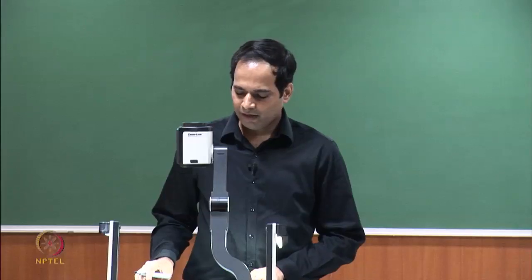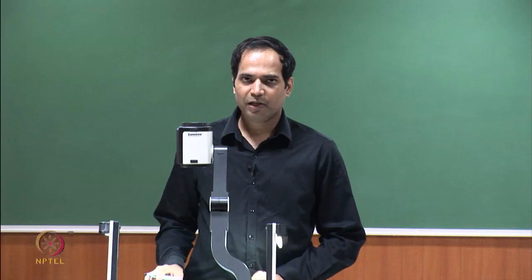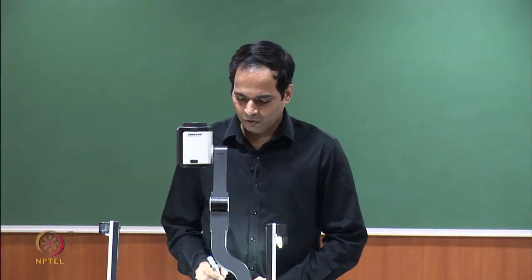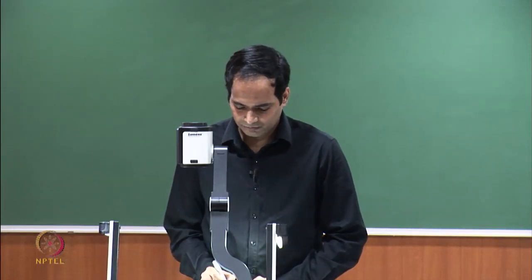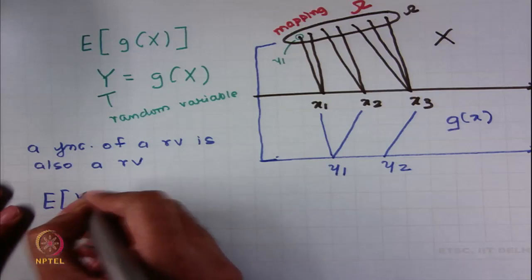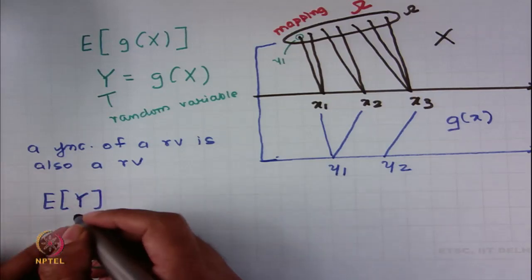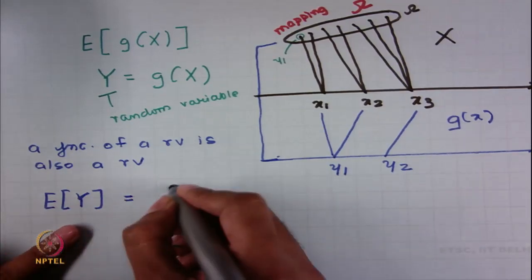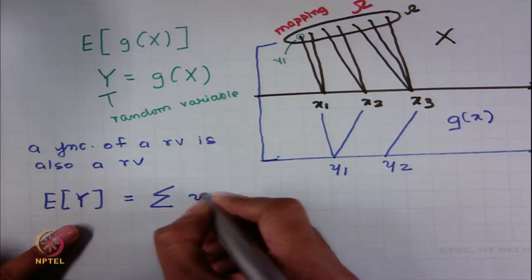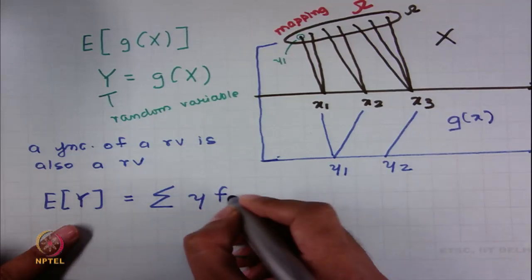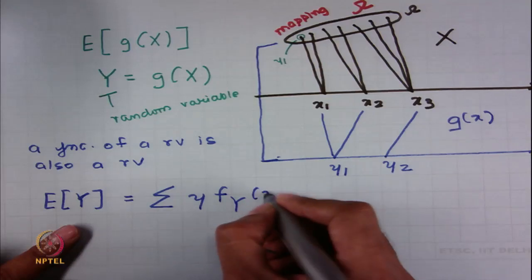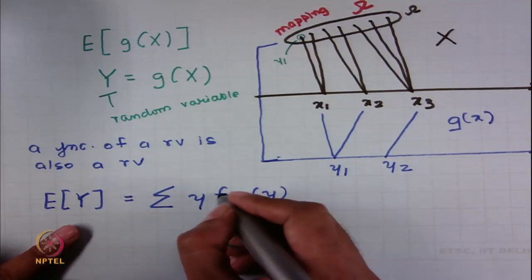Alright. So, now we have to find the expected value of g of X. I am trying to find the expected value of Y, and the expected value of Y by definition is nothing but Y multiplied with the probability.